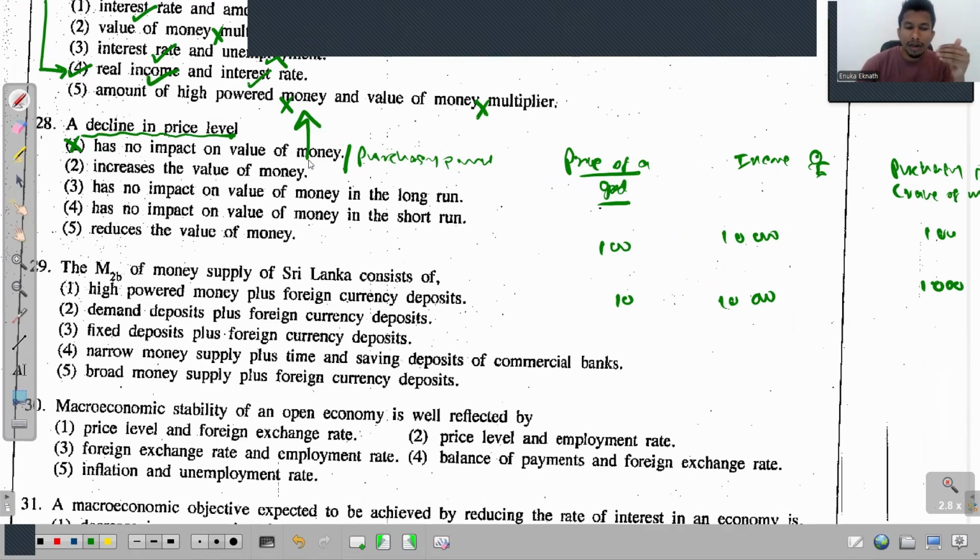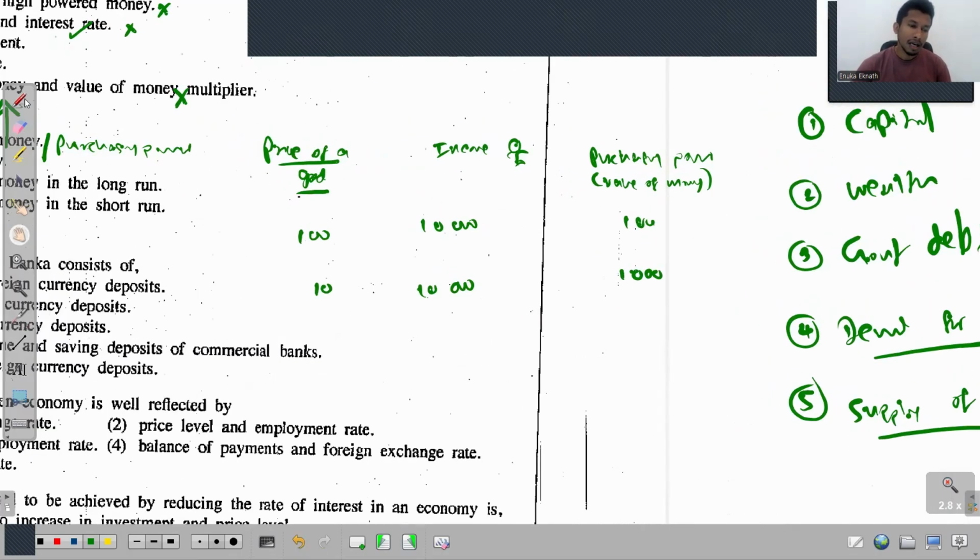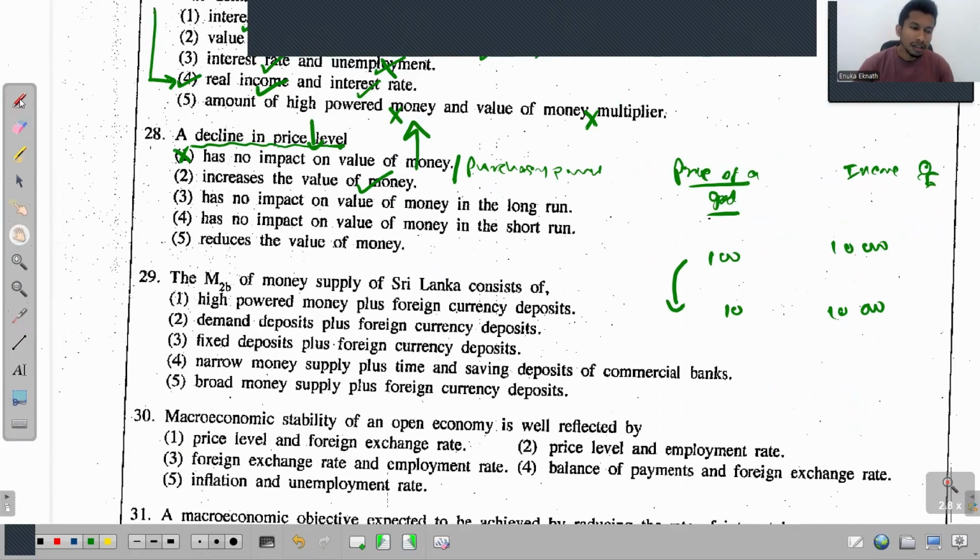There is a connection between the two. And what kind of connection is that? There is a negative relationship between the price level and the value of money. The second one, a decline in price level increases the value of money, 100% true, and that's what happened in our example. A decline in price level has increased the purchasing power, if not the value of money. So that's the answer for this question number 28.